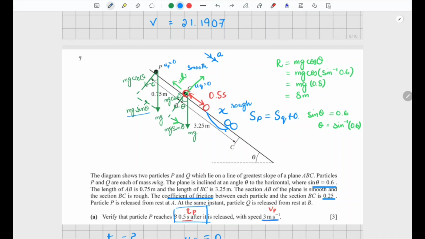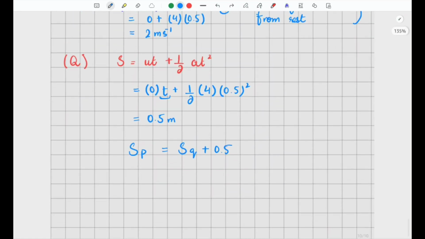So this is how we made an expression out of it. When we substitute our values into this expression, we will get the final time needed to cover this distance. SP is again ut plus half at square. We will substitute in the values later on.